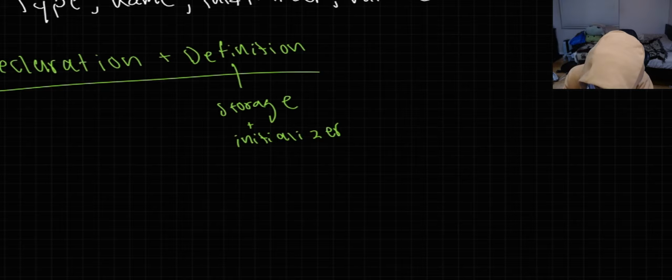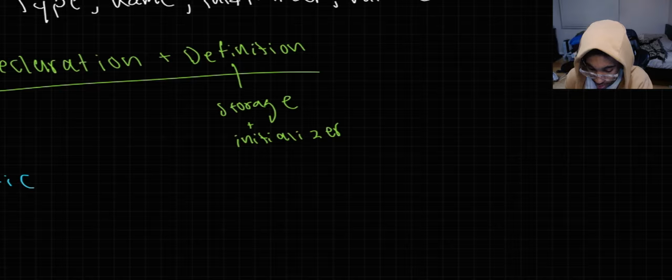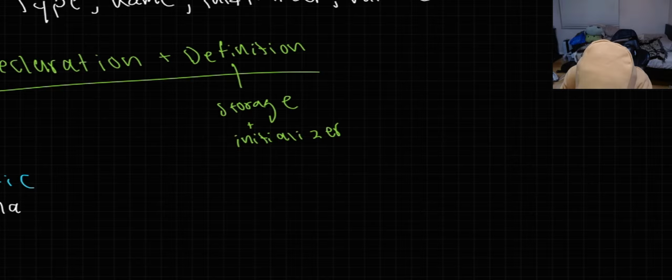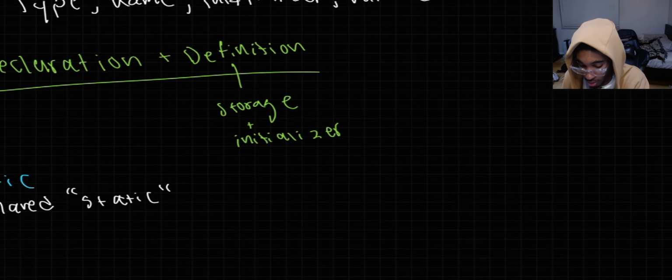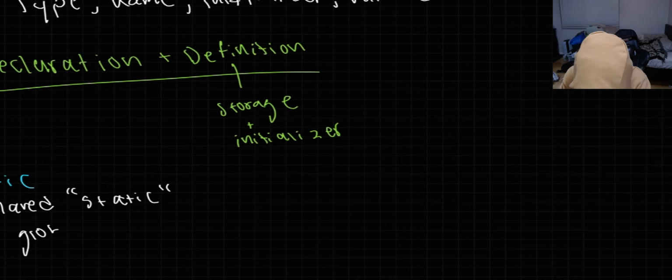So we have static, and that pretty much means that the object is declared at the global scope, or it has to be declared static using the keyword, declared static at global scope, and this pretty much means that the variable has a lifetime of the program.